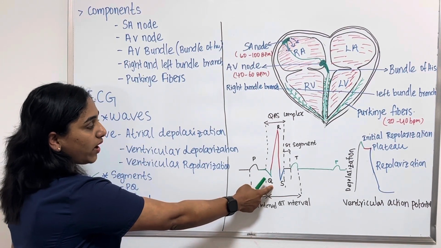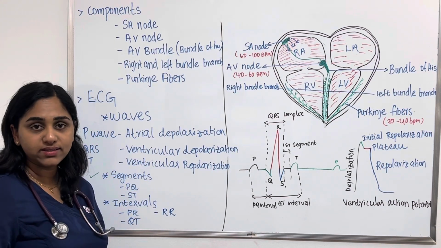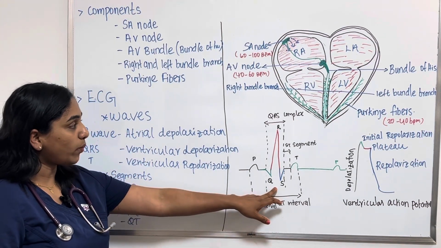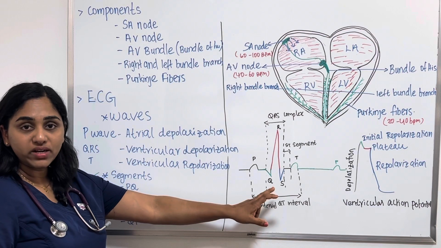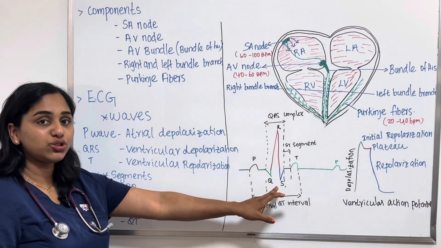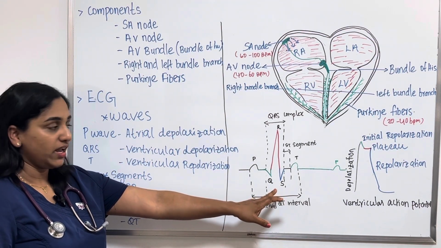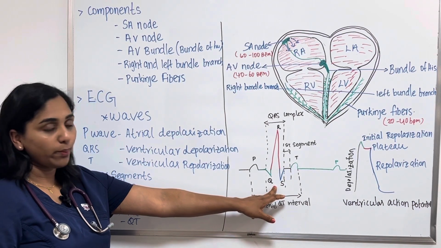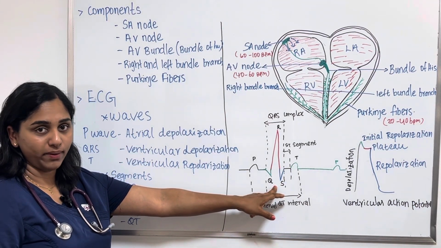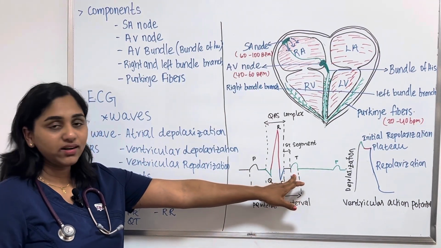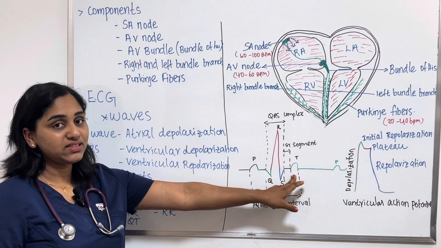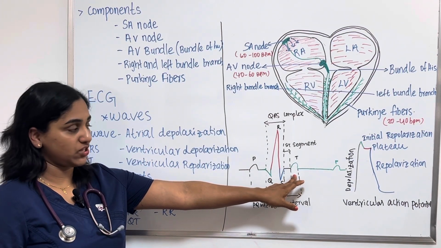Then the another one, that is QRS complex. When the ventricle depolarizes just prior to the ventricular contraction, it forms a complex that is called QRS complex. The another one, T wave, that is ventricular repolarization.